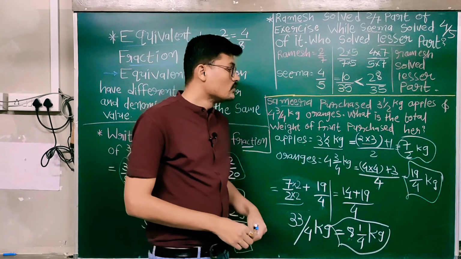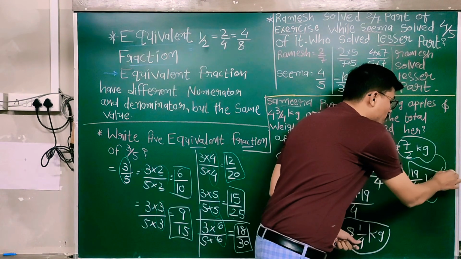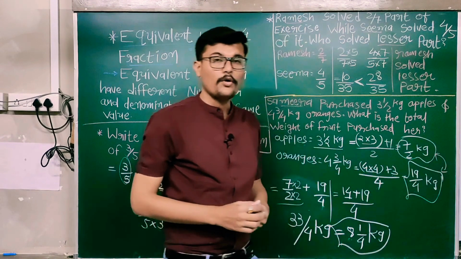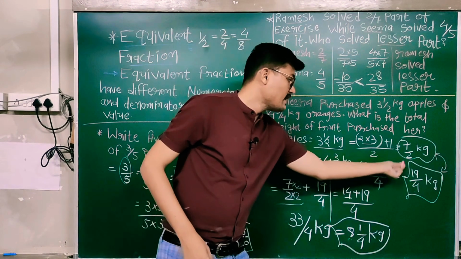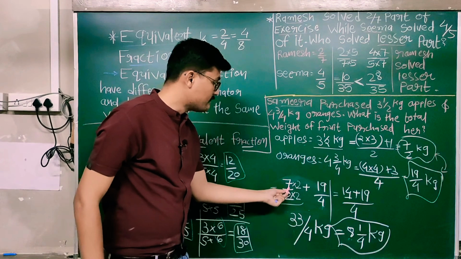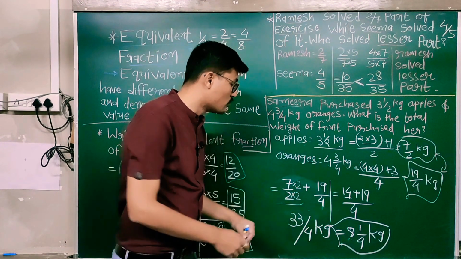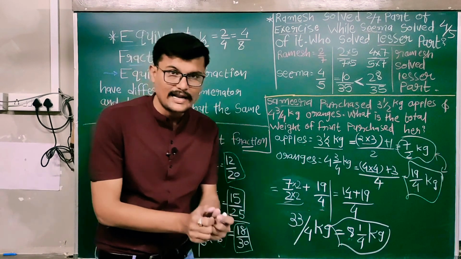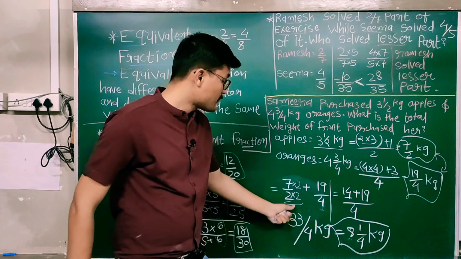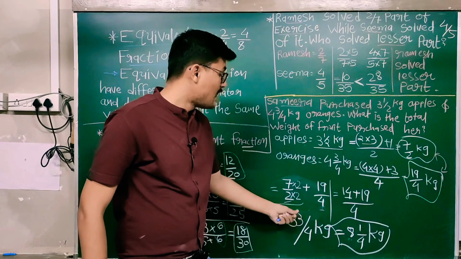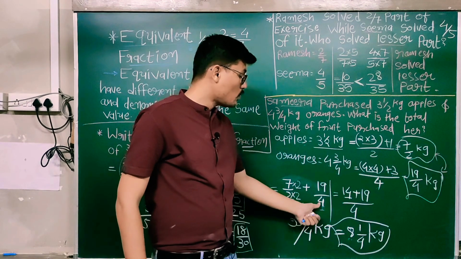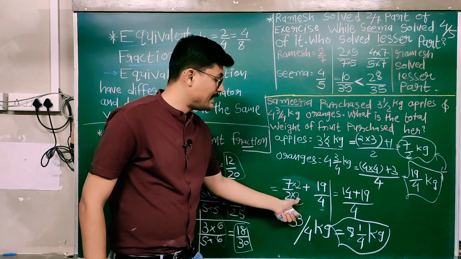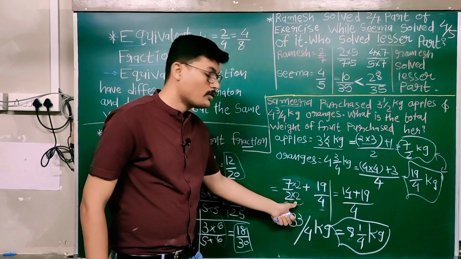So now what can we do? I will do the sum of both values which we are getting, 7 upon 2 plus 19 upon 4. In this case 2 and 4 are different values. So what do I want to do? I want to make both of them equal. So what can I do for that? I multiply by 2 in both numerator and denominator.